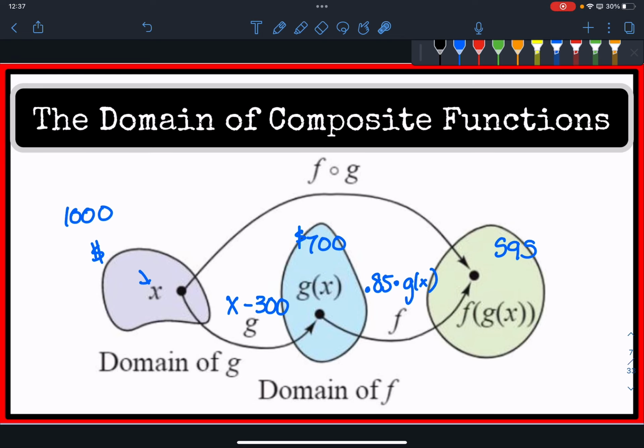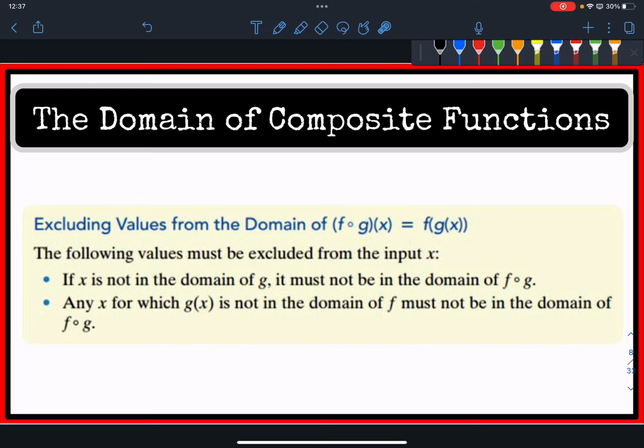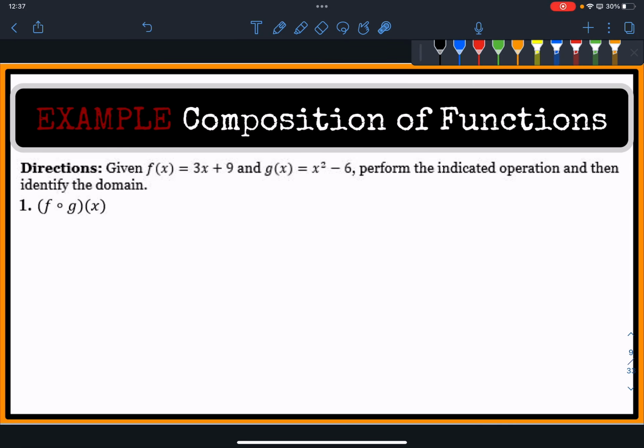So let's look at an actual example, a little bit more abstract. Let's say we have the composition and we want to compose f with g as it's indicated here. This means that we want to get the function g and plug it into f. So we want to get f of g of x, which means we want to get the function g and plug it into f. Well, f multiplies x by 3 and then adds 9.